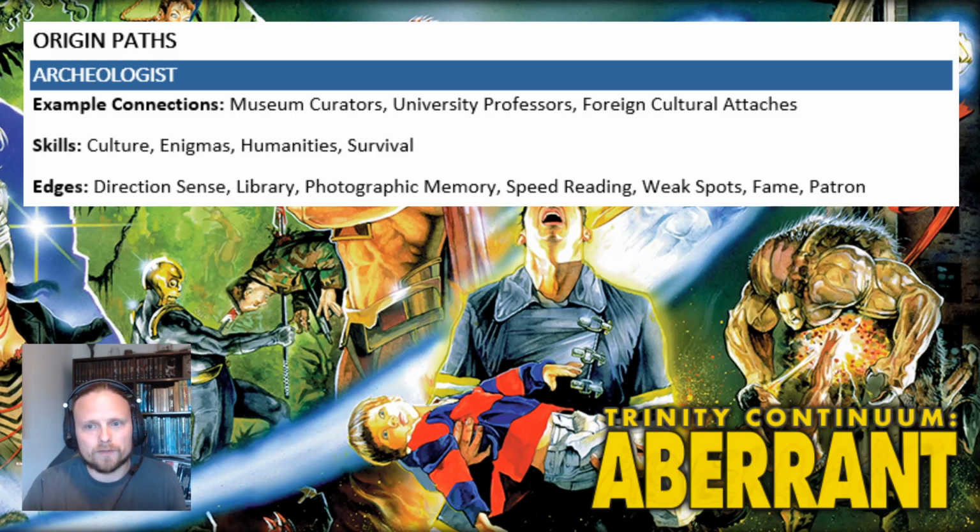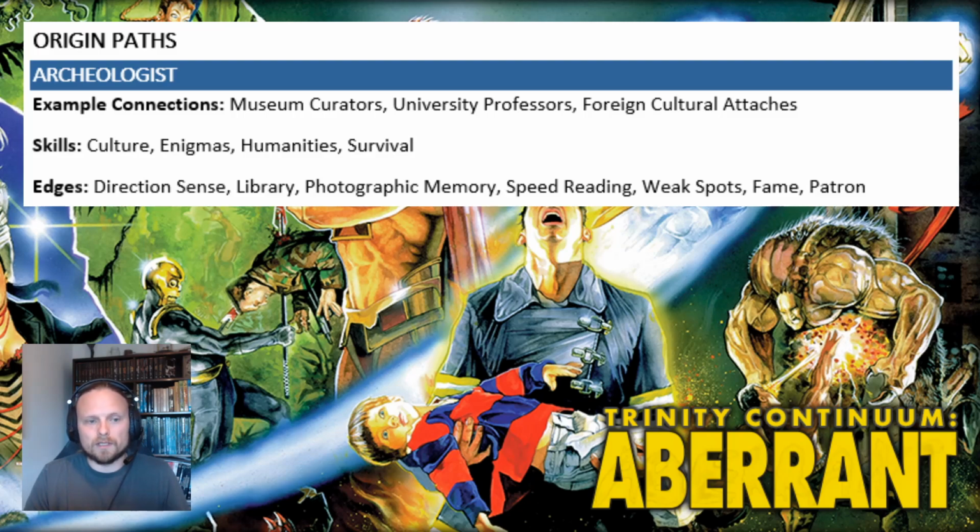And then you have to choose edges, and edges is sort of like, if you know other Storyteller games, your backgrounds or your merits, and there are a lot of them. When you're making a path, you get to choose I think 15 dots worth of backgrounds for the path.